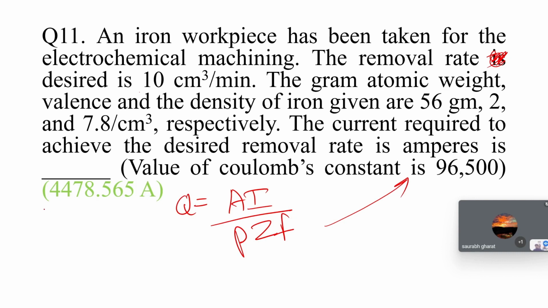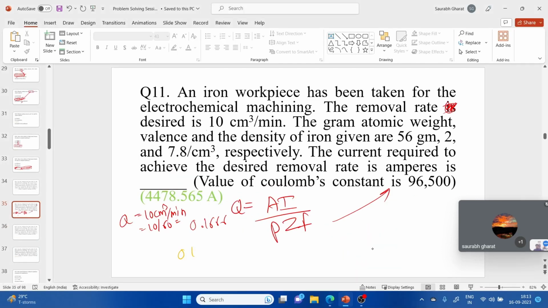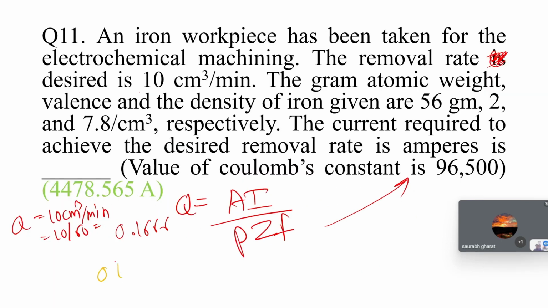Q is 10 centimeter per minute, but everything here is in seconds, so convert into seconds. 10 divided by 60, that is 1 by 6, which is equal to 0.1666. Put this part here.